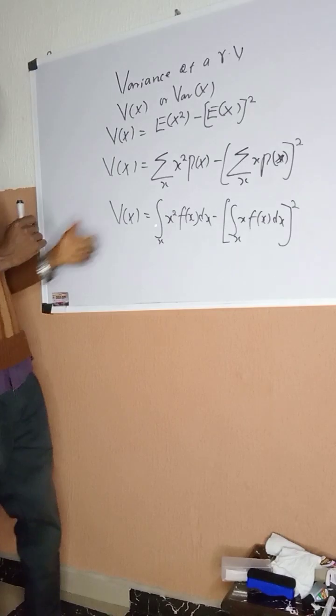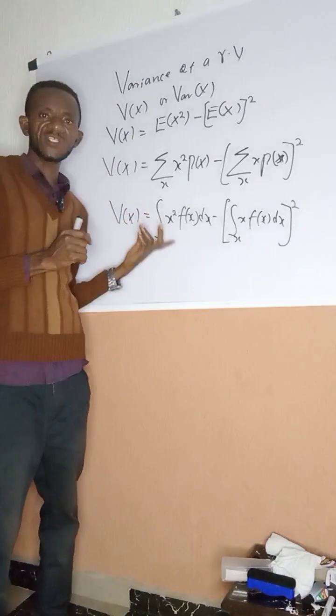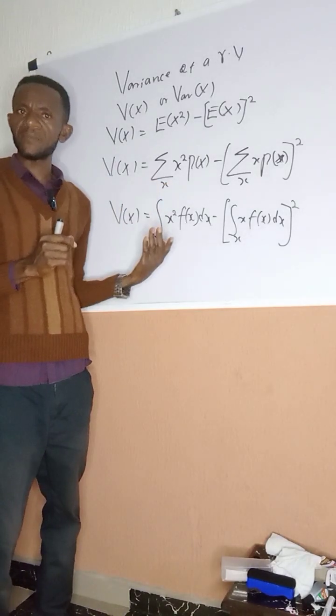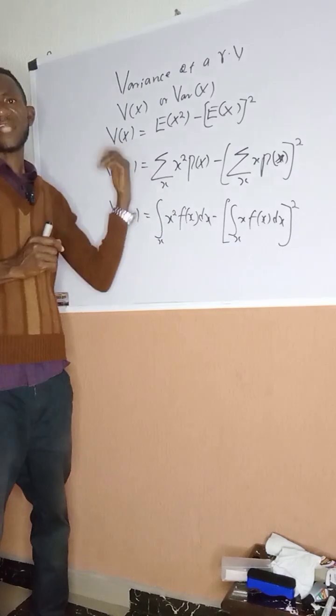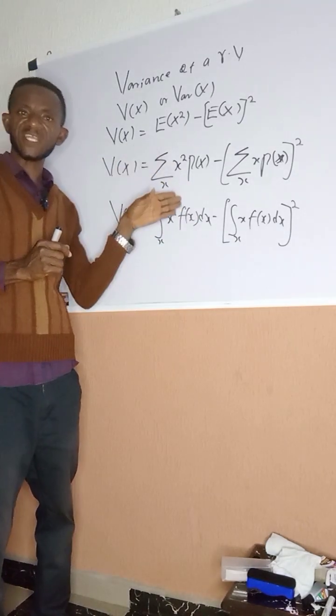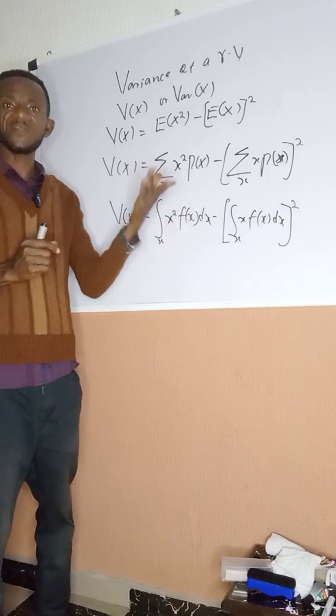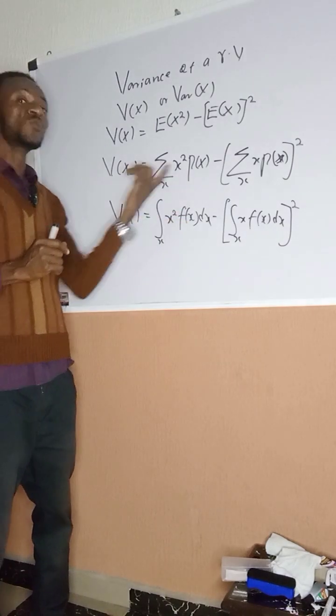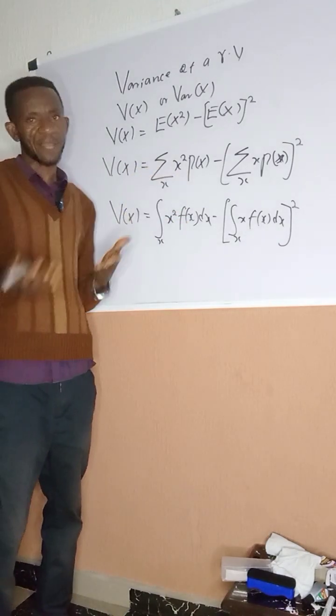So we are equally going to look at the properties of the variance of a random variable. Do remember that in one of our previous classes, when we discussed the expected value and the variance of random variables, we already had looked at some illustrative examples.